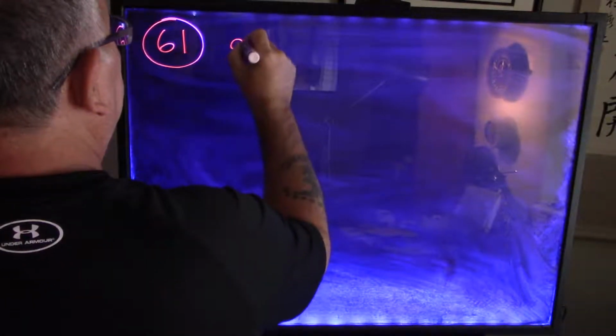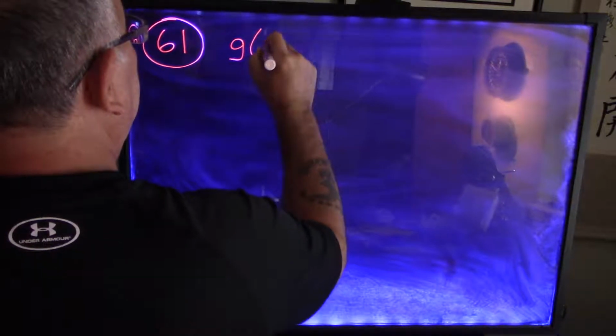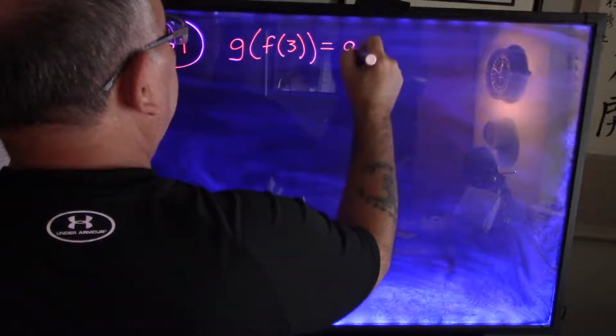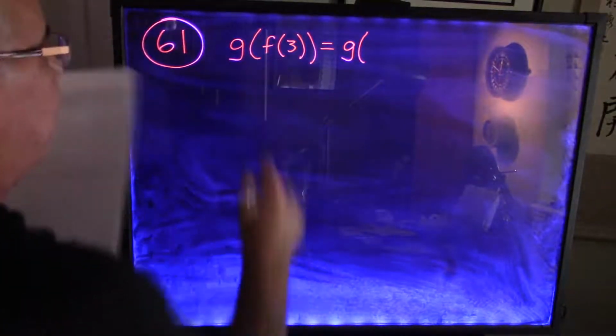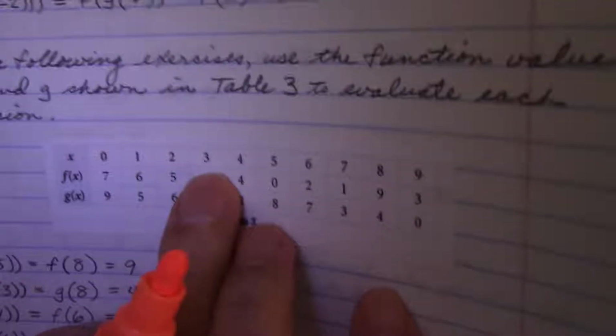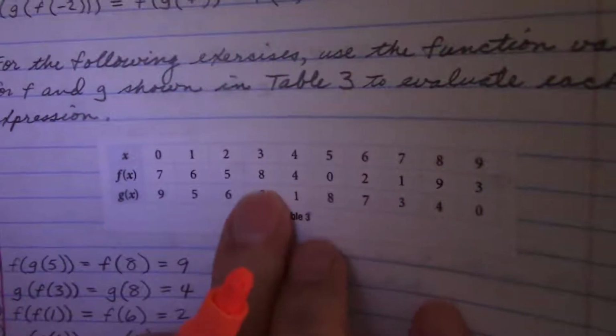Okay, number 61. G of f of 3. Okay, find f of 3. So find x in the first row, 3, and then in the second row the f value is 8.